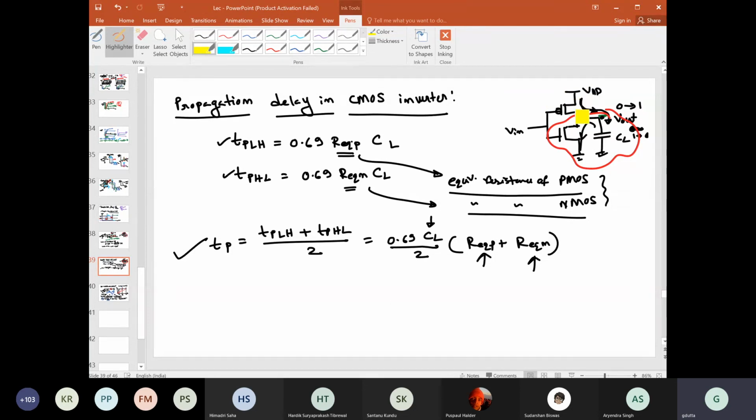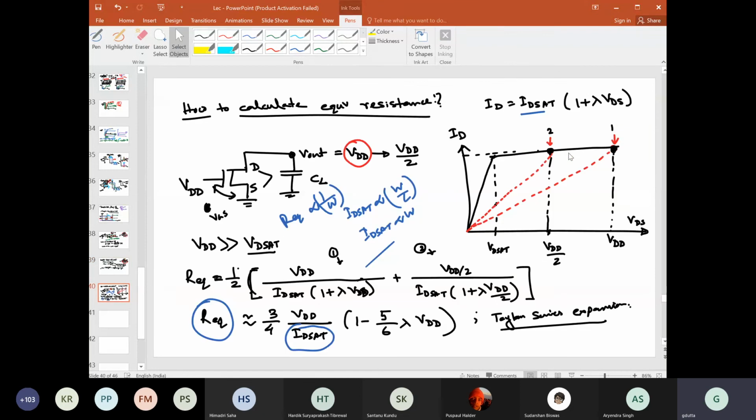But here you have to consider that for VDS, the change in output, there is another term you have to consider, which is VDD. So output is this one, and here this is VDD. Here also if you calculate, you will get a similar expression. For the change in the output voltage from 0 to VDD by 2, the output voltage of this PMOS has to change from VDD to VDD by 2.